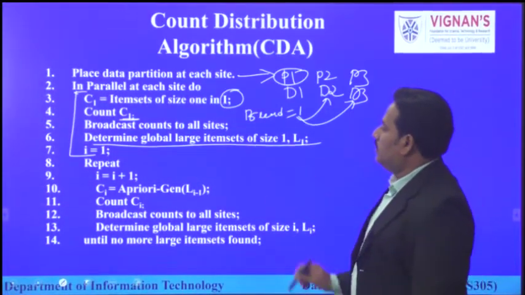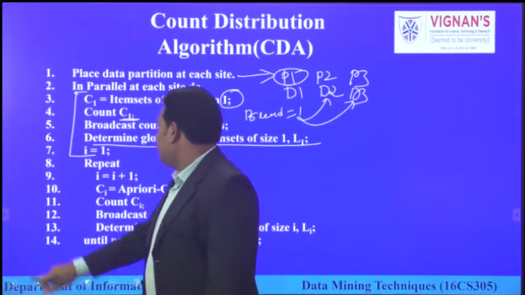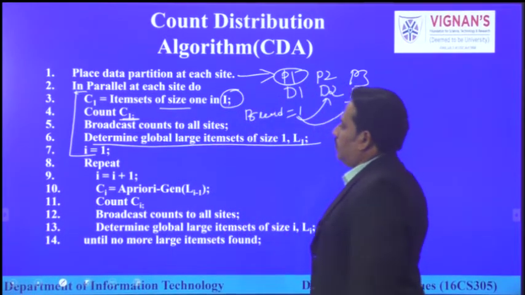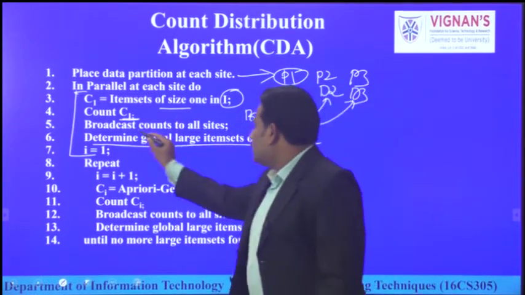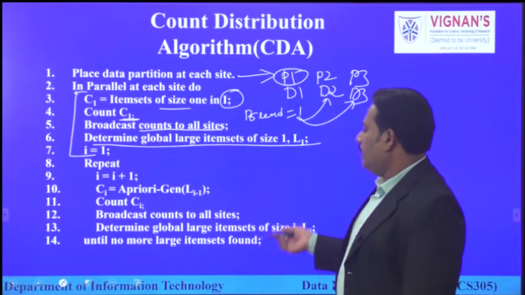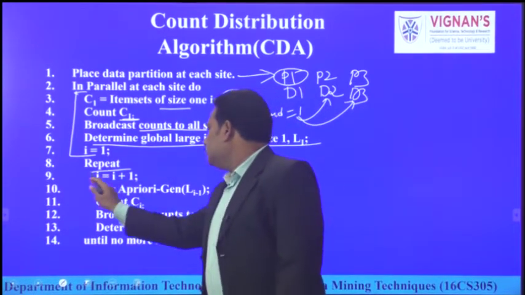This is the activity we do in steps 2 to 6: count each and every item set, broadcast the count to all the sites, and determine the global item set. Then we repeat the process, that is I plus 1.